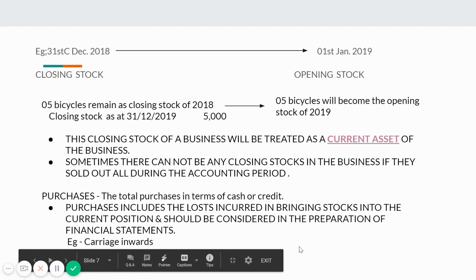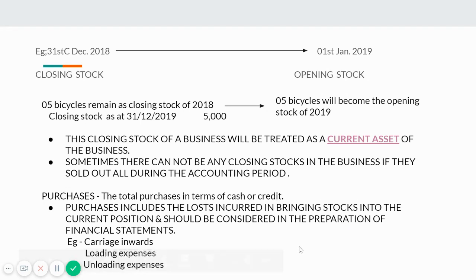That means when you are buying stocks during an accounting period, there can be expenses which are hard to differentiate from the purchases, like loading and unloading expenses of stocks, carriage inwards, the transportation cost. All these must be taken into consideration.